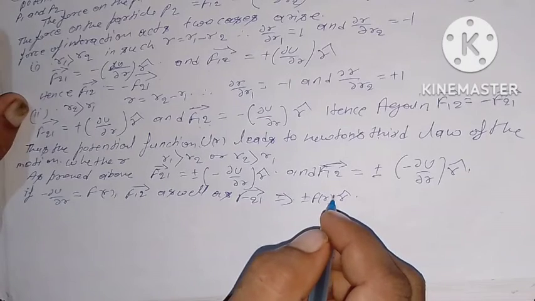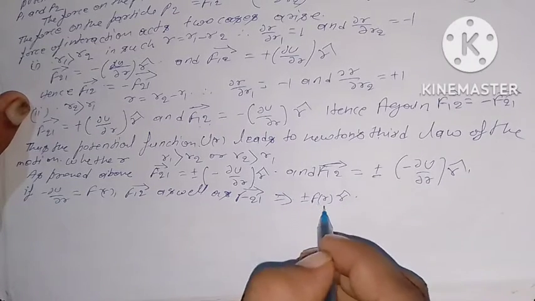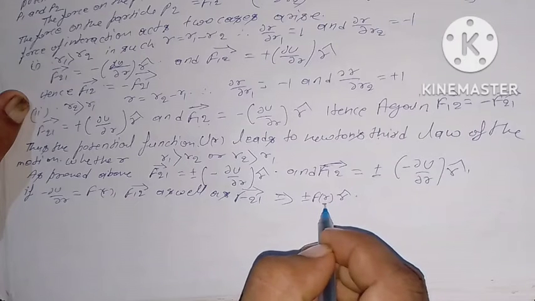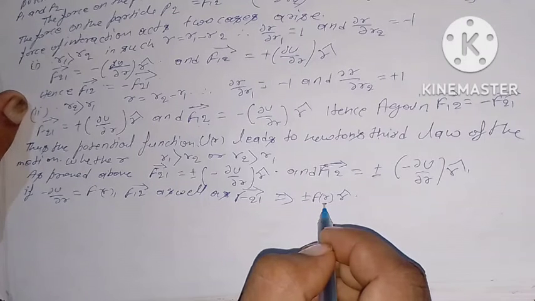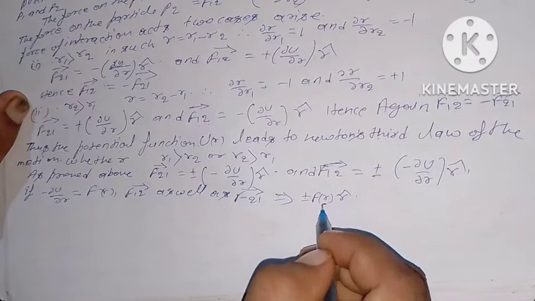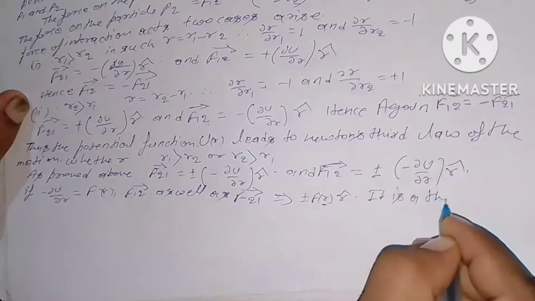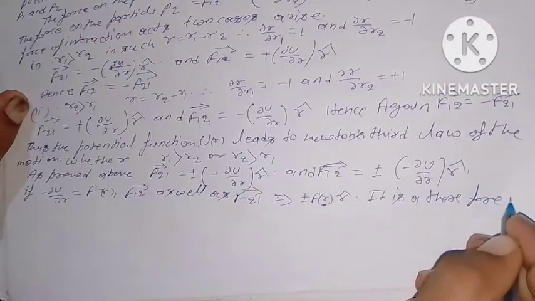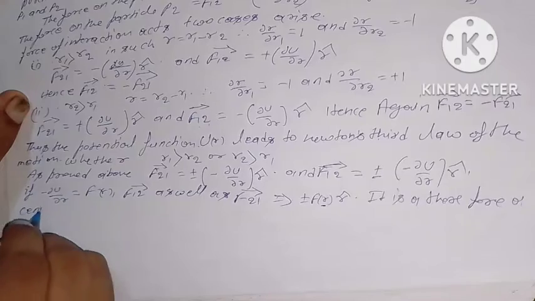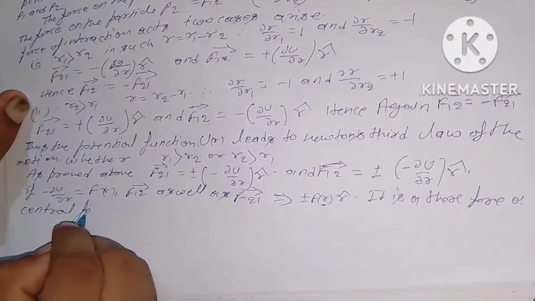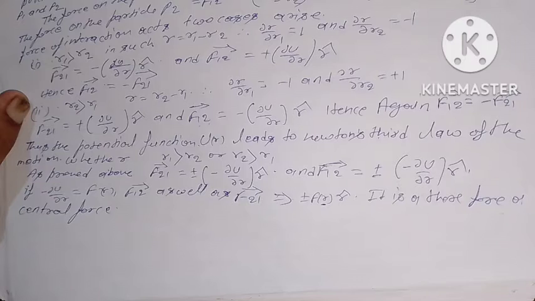In other words, the force will depend only on r, the distance between the centers of the two particles. It is therefore a central force. Thus we find the rotational invariance of space requires motion under a central force.